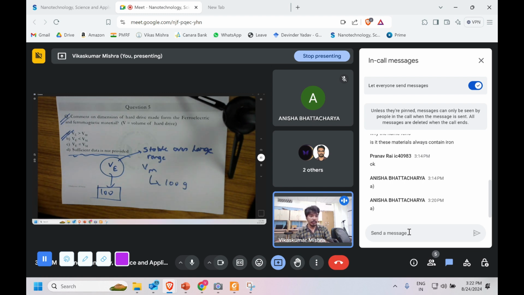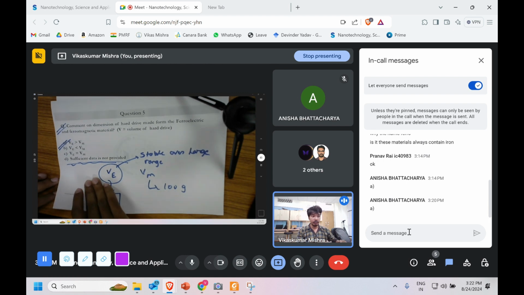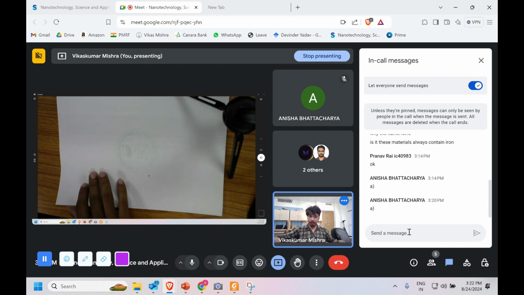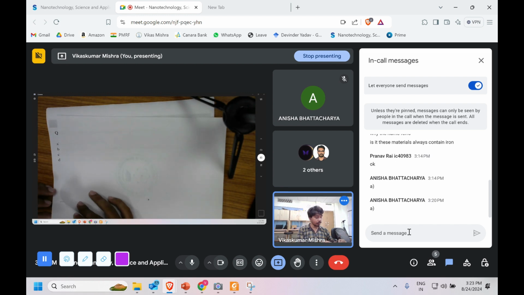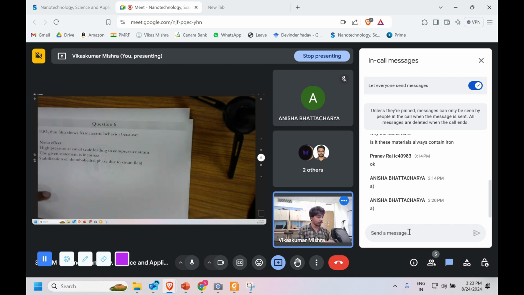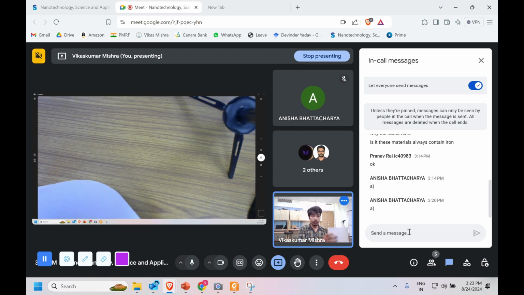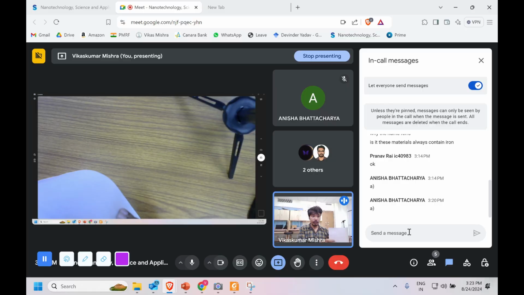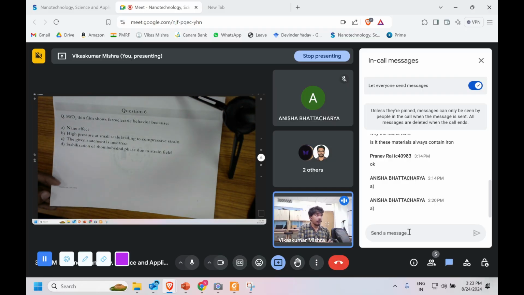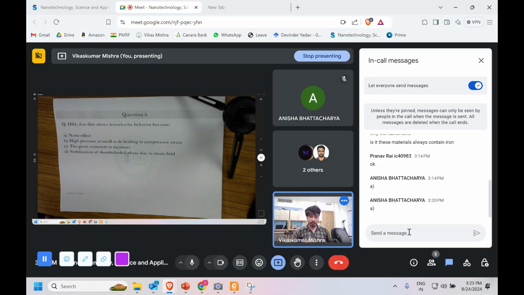Okay, since there is no doubt, let's move to the next question, question number 6. This is something which we learned in the last lecture of this particular week, at the very end of that lecture.